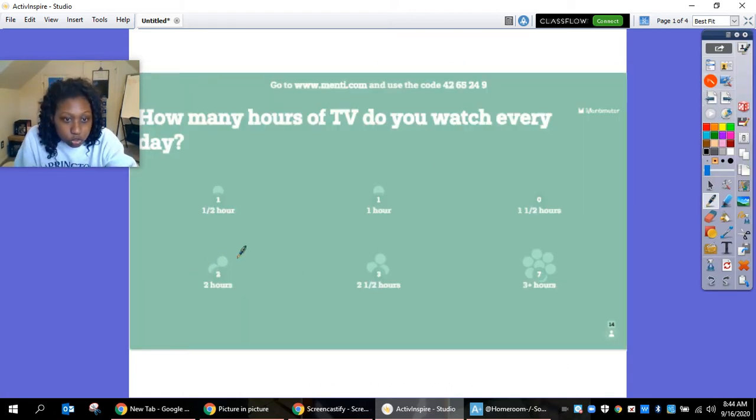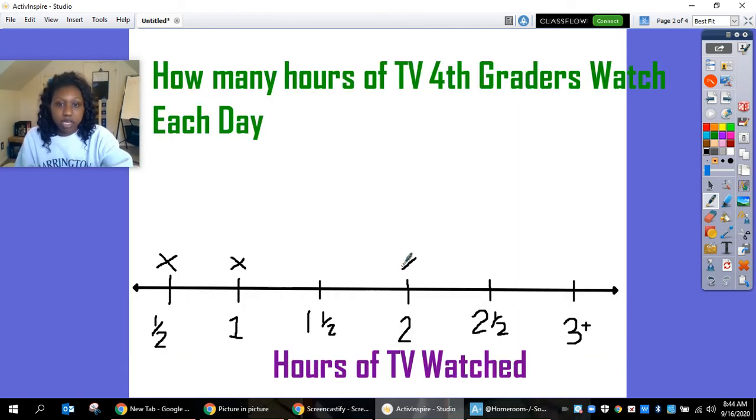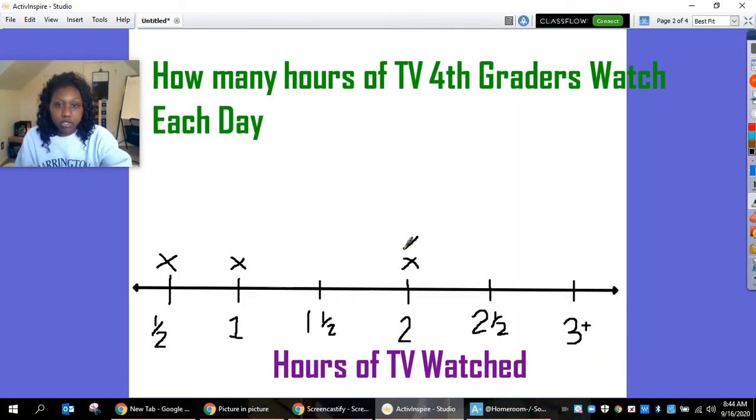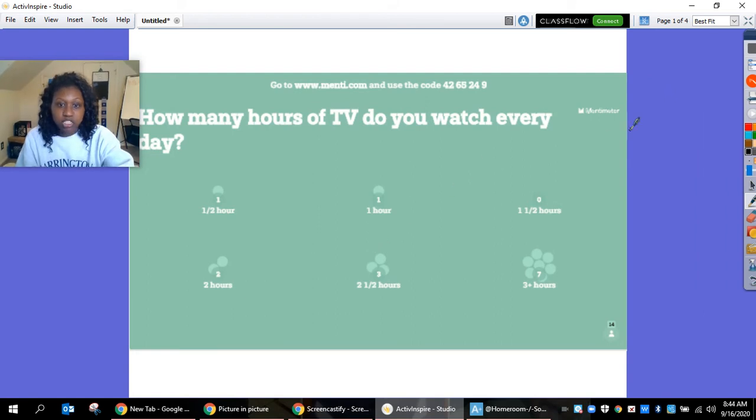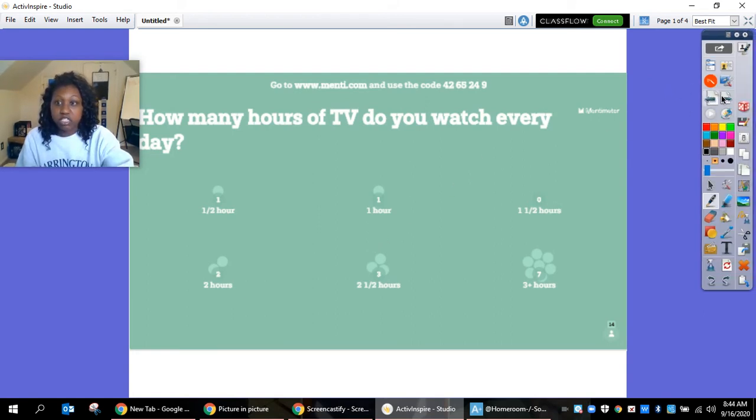There are 2 people who watch TV for 2 hours each night. I've got more than one person with the same value, so I'm going to stack. We've got 3 people who watch TV for 2.5 hours every day.